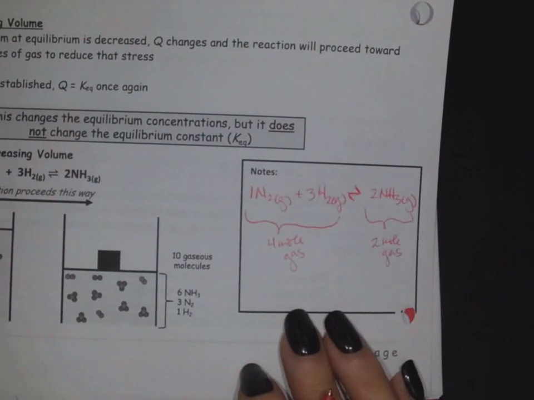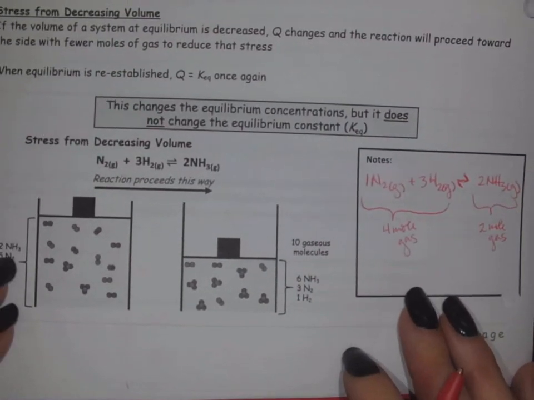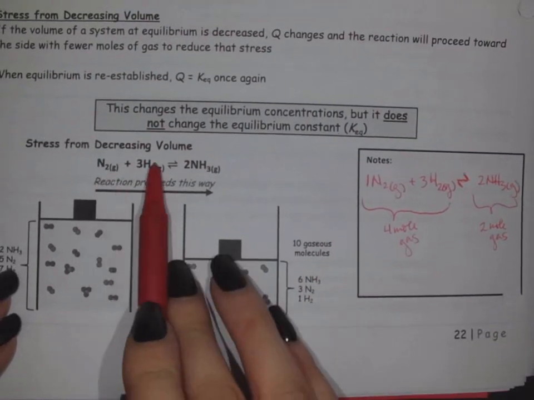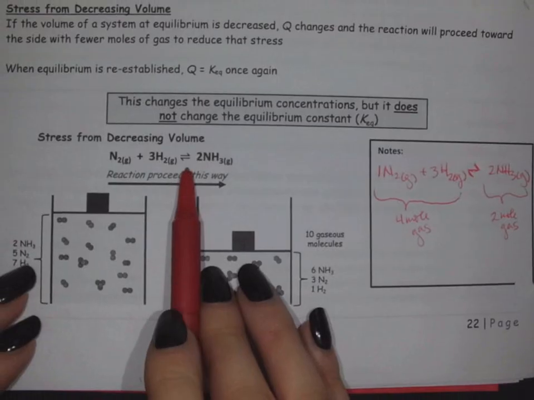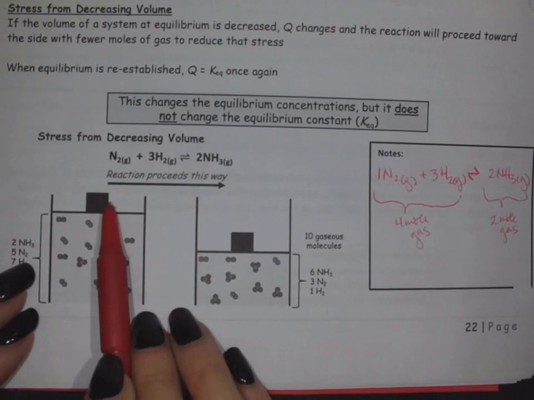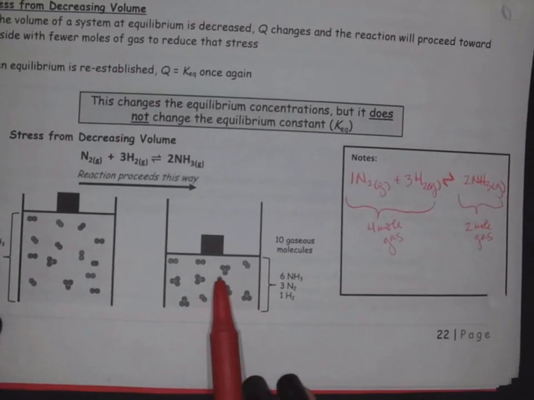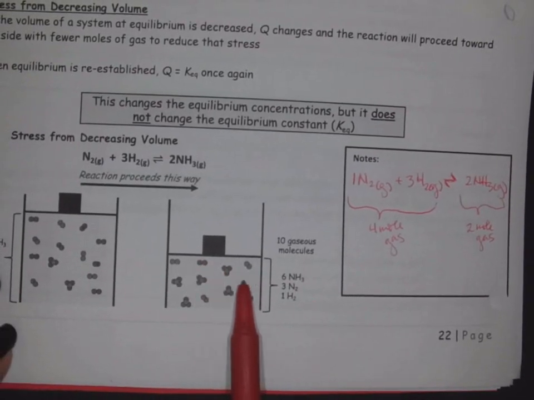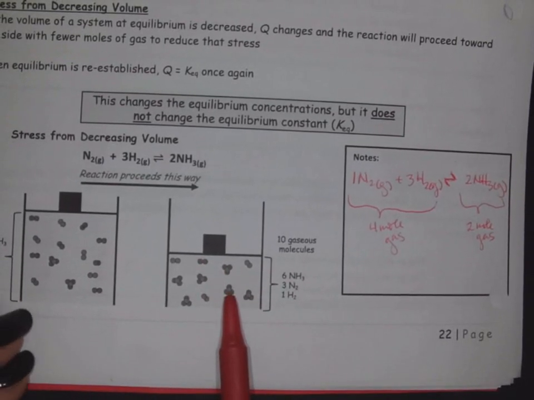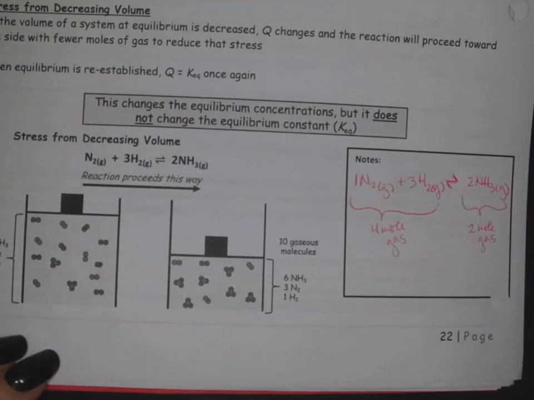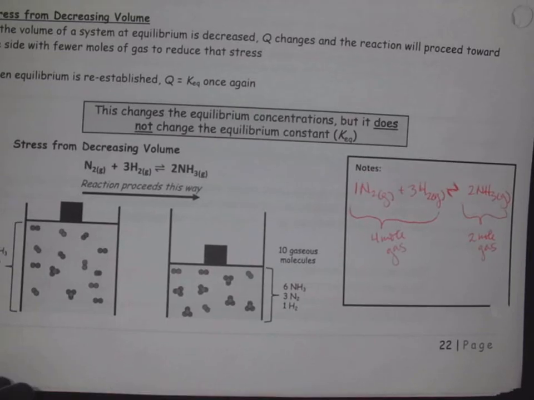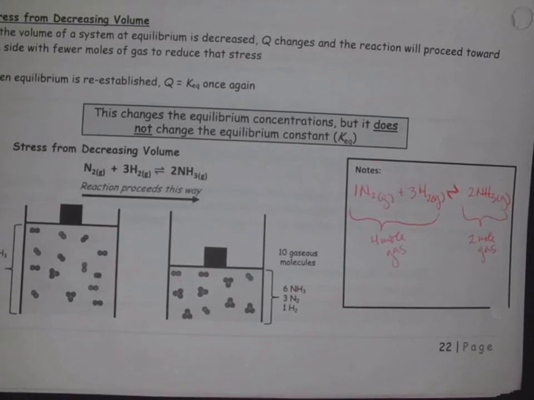So what if, as a chemist, I took this reaction that was at equilibrium, and I have it in a container that has a piston, and I push down on that piston, so I am reducing the volume. When I reduce the space that the gas is in, the pressure increases. So the stress is an increase in pressure.